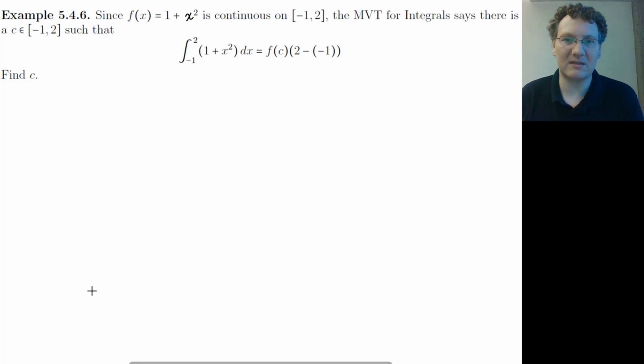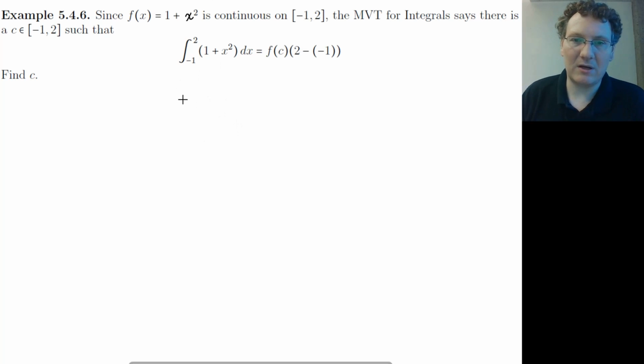We've already looked at this in the previous example. The mean value theorem for integrals says there needs to be some value c on the interval from -1 to 2 such that the integral from -1 to 2 of 1 plus x squared is equal to that function value. So let's try to figure this out.